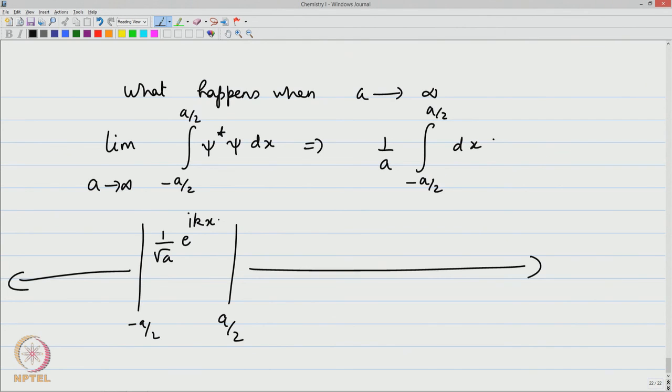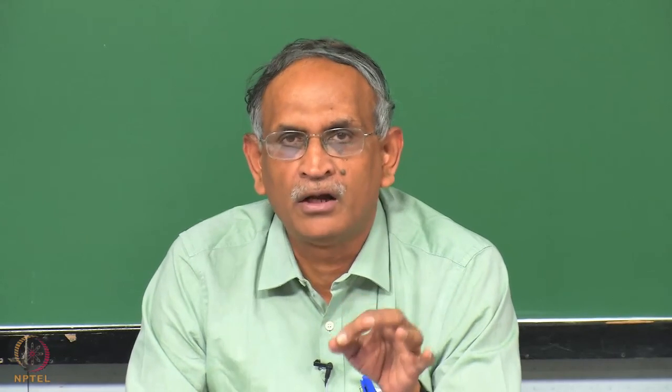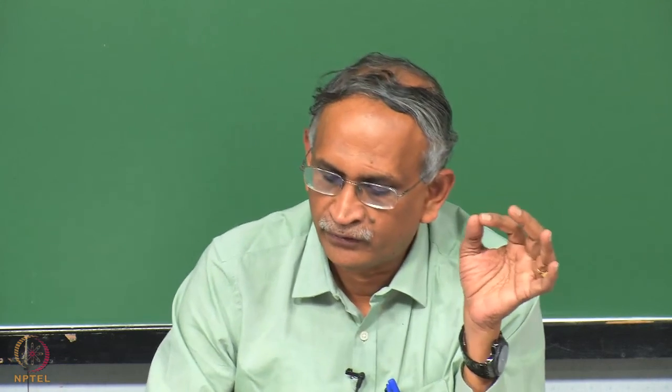You will see that there is no problem with that, because when the limit of a tends to infinity, please note that this integral is actually independent of a, because the a gets cancelled out. Therefore, the limit of a tending to infinity does not change, it is 1.